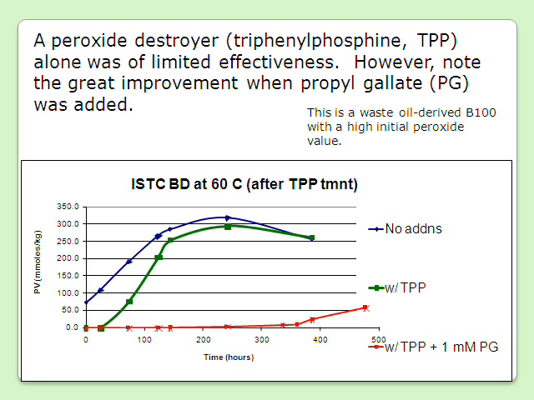However, when the radical quencher, propyl gallate, was also added at the same time, there was a great improvement of the stability, whereas triphenylphosphine alone wasn't very effective. Triphenylphosphine plus a small amount of propyl gallate extended the lag period from maybe 24 hours to maybe 350 hours.